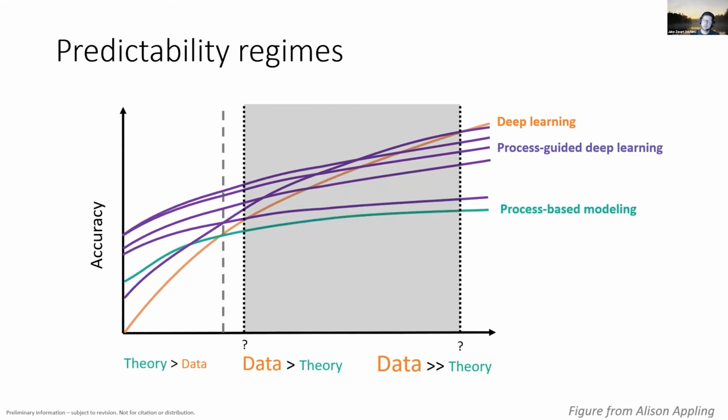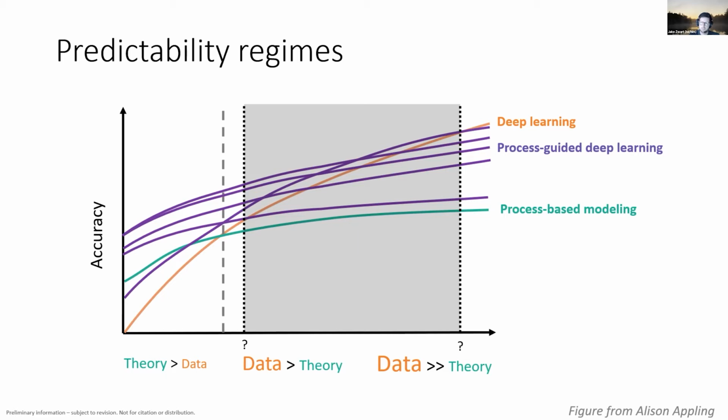But we think exactly where this dividing line is between the second and third predictability regimes is an open question. Our current process-guided deep learning methods are already quite diverse, with varied strengths and weaknesses. And we're only beginning to scratch the surface of the different ways that we can inject knowledge or scientific guidance into deep learning models.